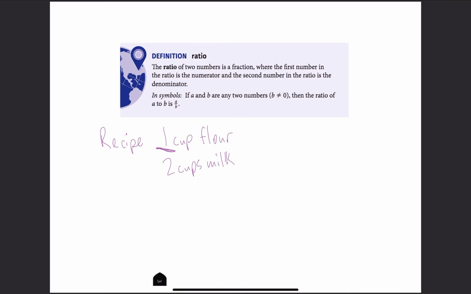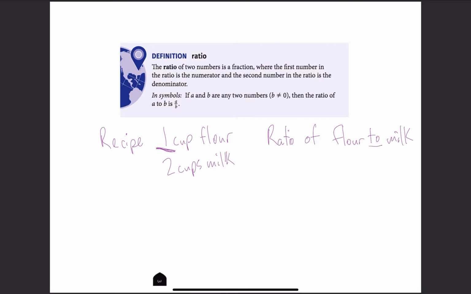Now, there's a couple of different ways you can write it. Here's what we want to do. We want to write the ratio of flour to milk. We can write it with the word to.